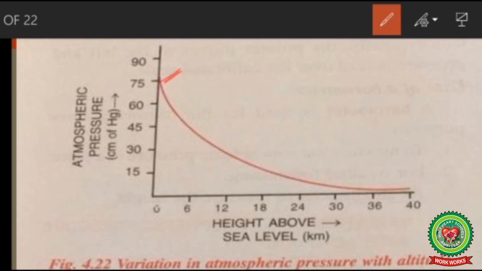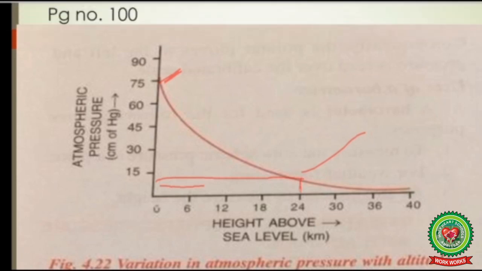And as we go up at height, let's say at 24 kilometers, the atmospheric pressure becomes less even than 15 centimeters of mercury, right? So it is clear from this graph also that atmospheric pressure decreases with altitude.